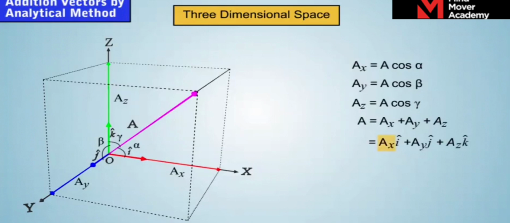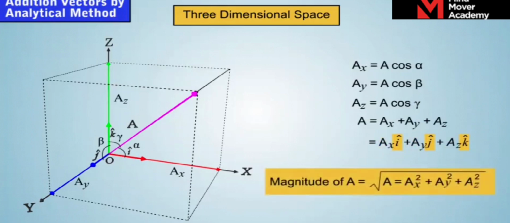Here, Ax, Ay, and Az are scalars, and i, j, and k are unit vectors. The magnitude of A can be written as the square root of Ax square plus Ay square plus Az square.